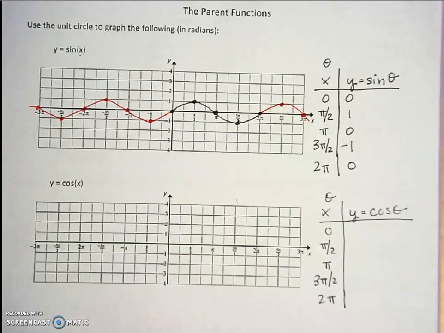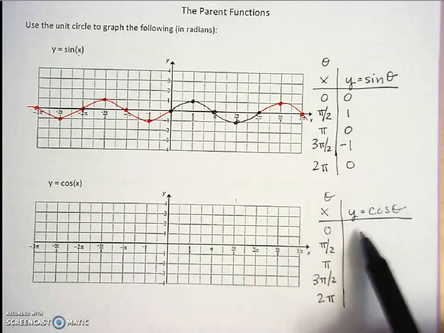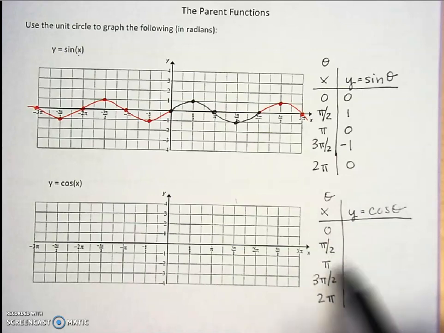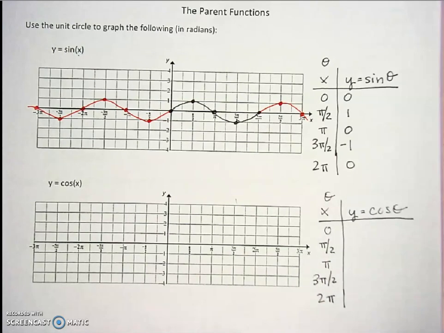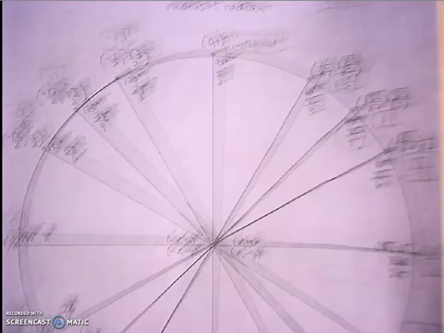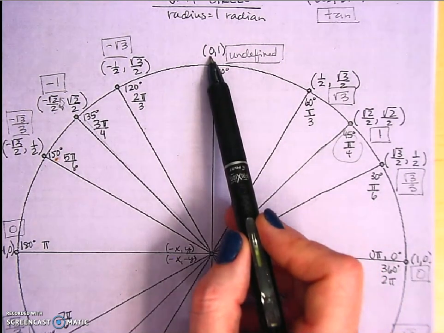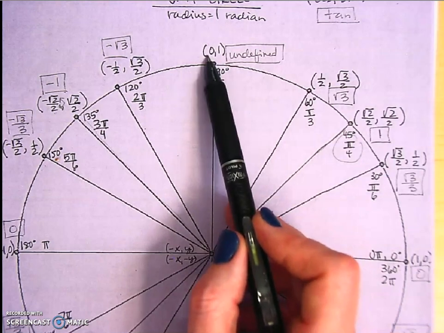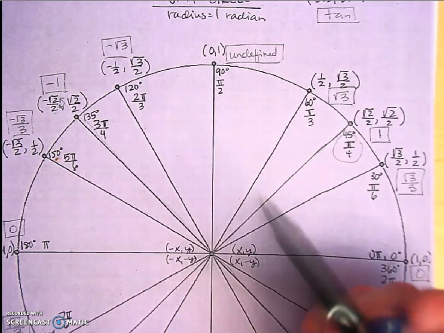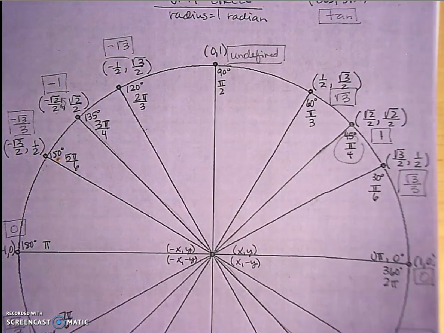So pause, take a minute, use your unit circle to find the cosine values of each of these angles. And remember that the cosine values on your unit circle are the x coordinates this time. So you're looking at the x coordinates, but for graphing purposes, it's our y values. So take a moment and do that.